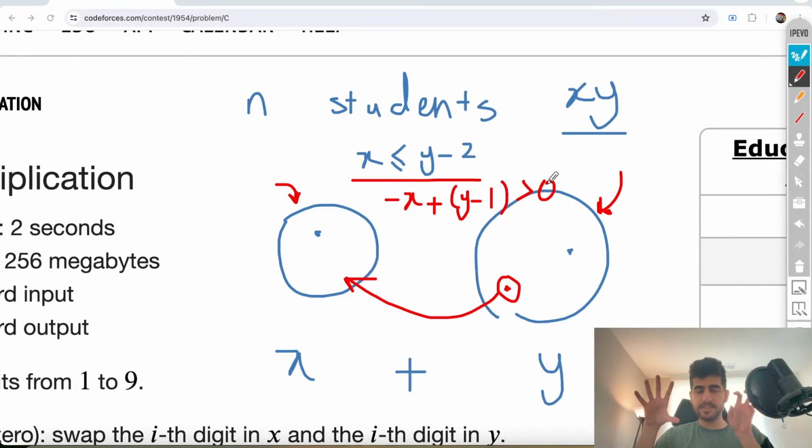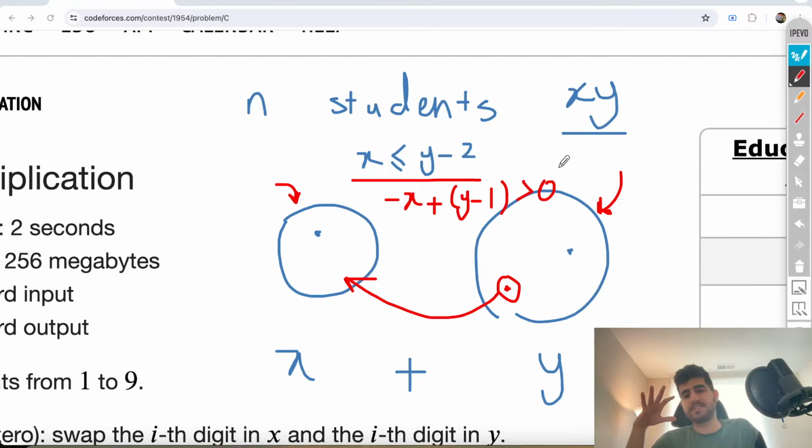Because if one of them is way smaller than the other one, we can just move one of the people from here to that group, and then the controversy will increase, because this person will not hate these x people anymore, but instead he will hate all these y minus 1 people. First I'm just trying to give you some intuition behind it. Then I will also tell you the algebraic proof.